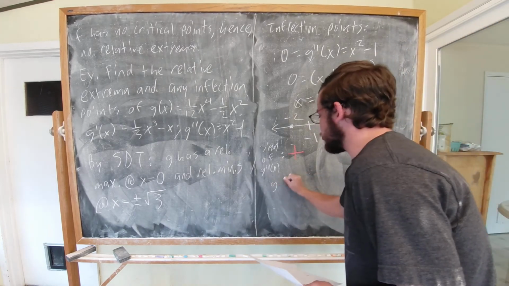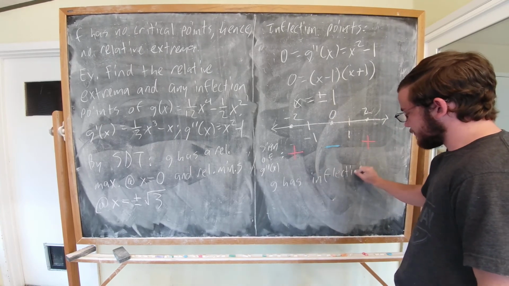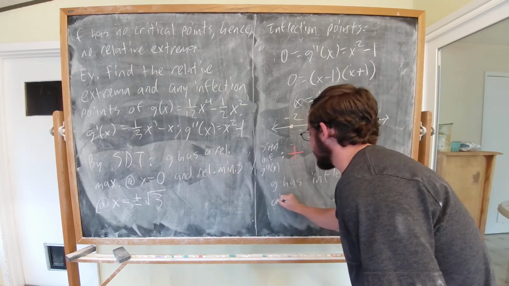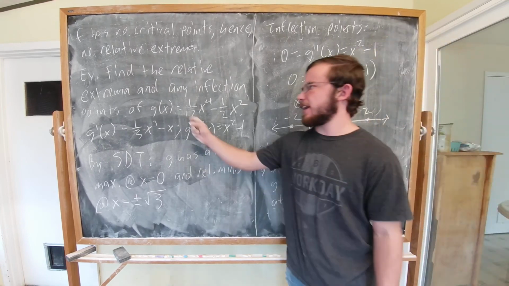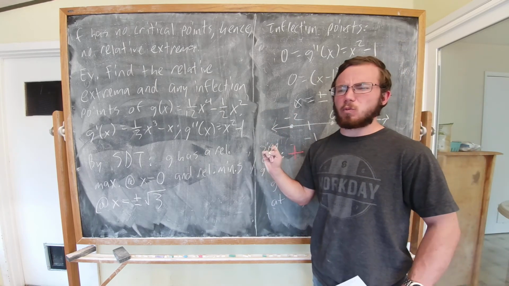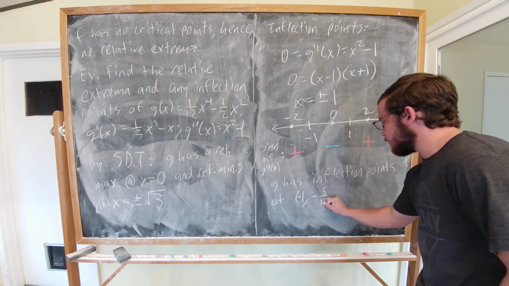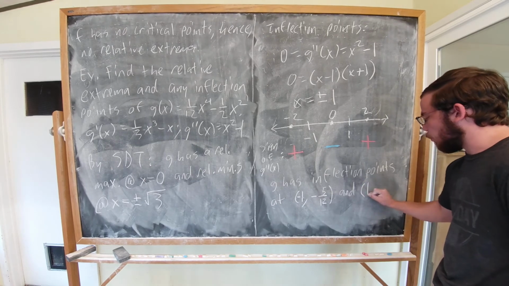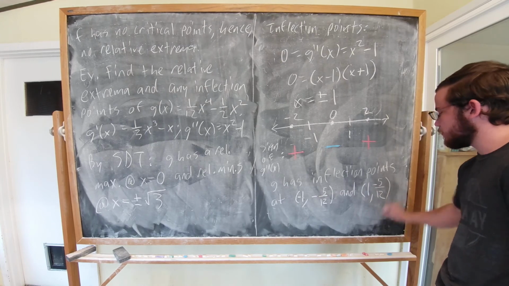So g has inflection points at negative 1, comma, and then plugging negative 1 into the original function, you get 1/12 minus 1/2, which is negative 5/12, negative 5 twelfths, and at 1, negative 5 twelfths.